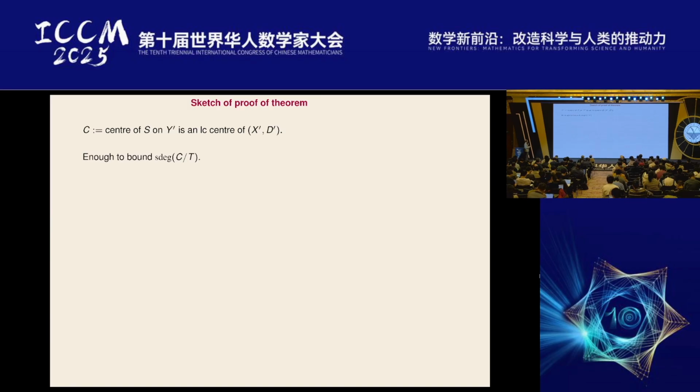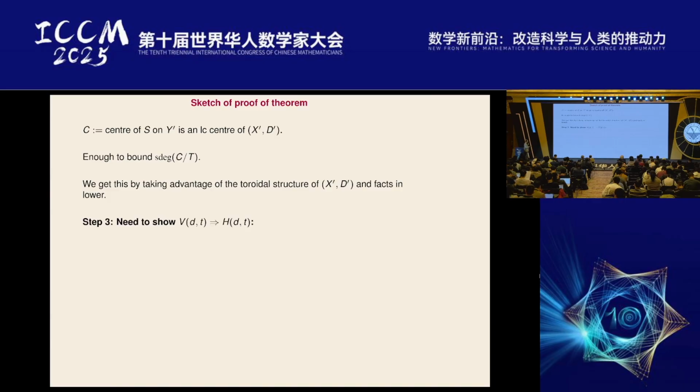Okay, and then in this setting, again, we apply a few more results in birational geometry to show that, in fact, we can control the Stein degree of C, the center, over the base, and finally, we also have to control the Stein degree of S over this center C, and then we put everything together, and then we get a universal bound. So you see that here we already use like 3-4 quite non-trivial facts in order to get our bound.